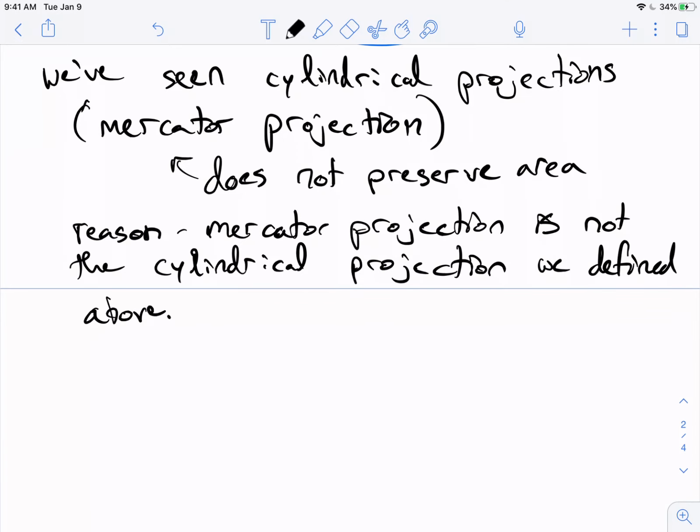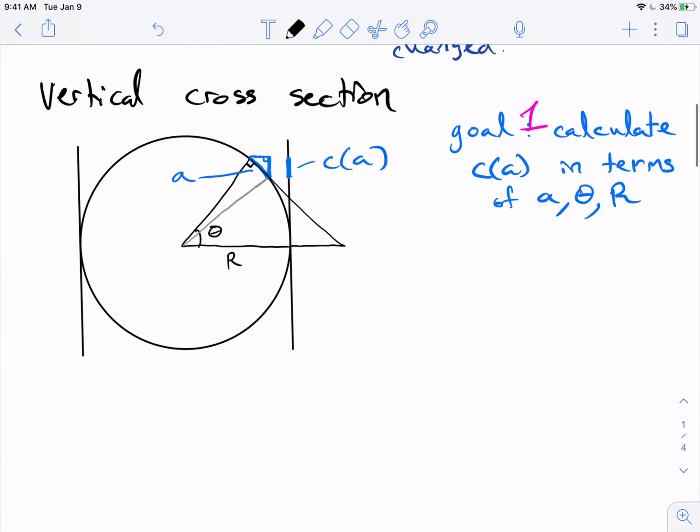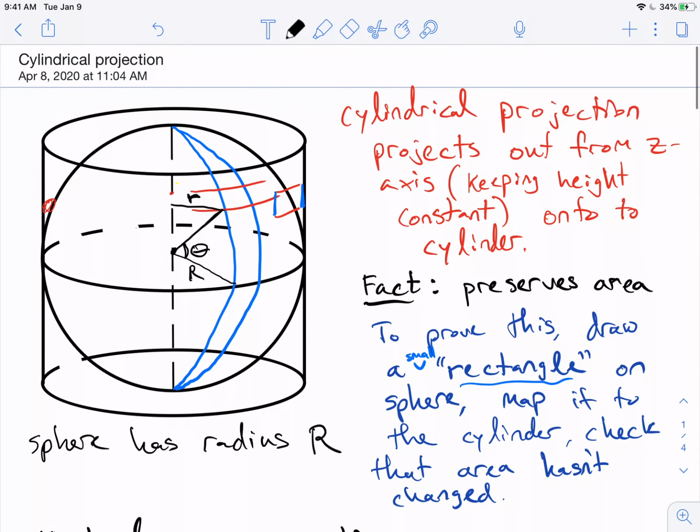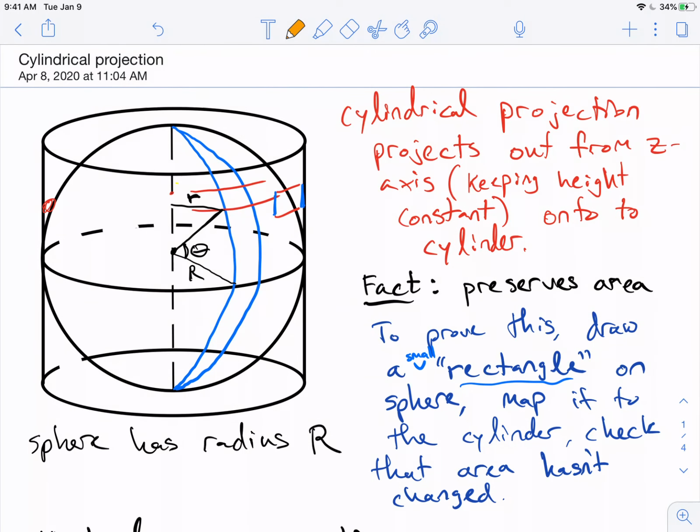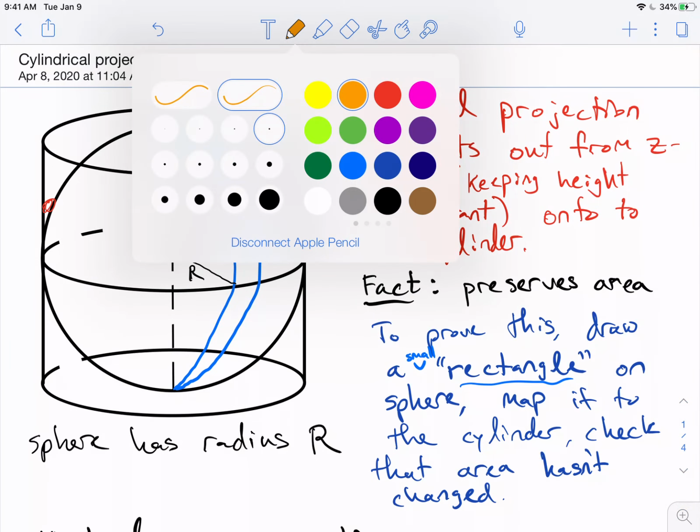In particular, by design, it basically starts out as this projection, but then the Mercator projection stretches things. So first you project on the cylinder in the usual way, and then you stretch the cylinder, kind of pulling the ends apart, and you stretch more the closer you are to the equator.